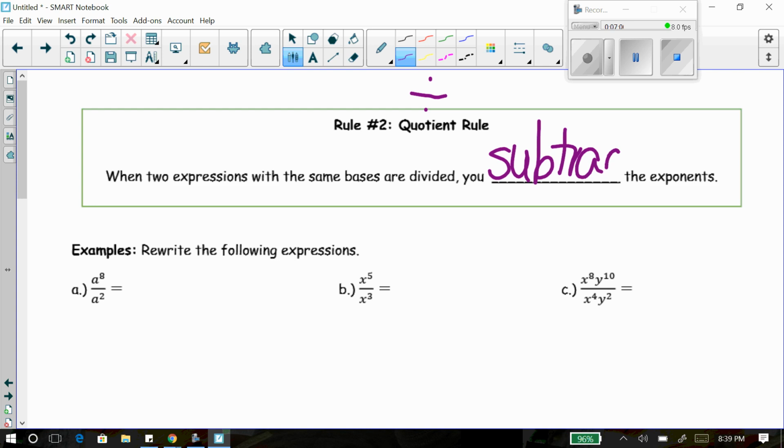So when two expressions with the same bases are divided, you subtract the exponents. So let's look at A. A, the bases are a's, so the same base. Now subtract them. 8 minus 2, 6.